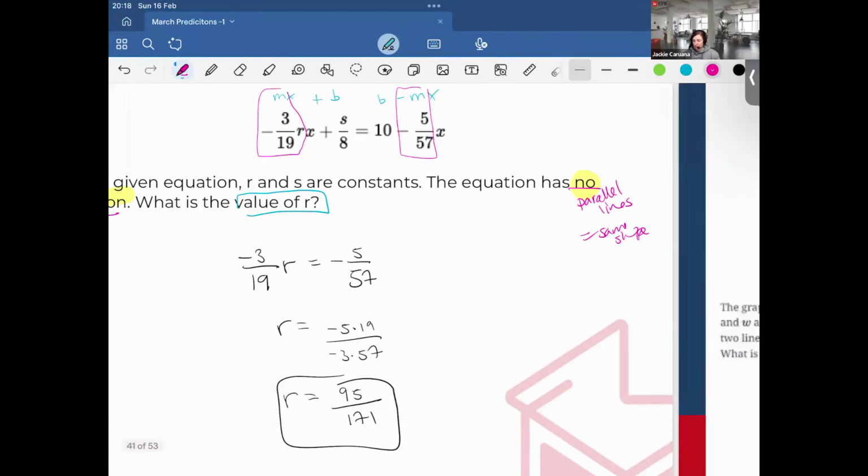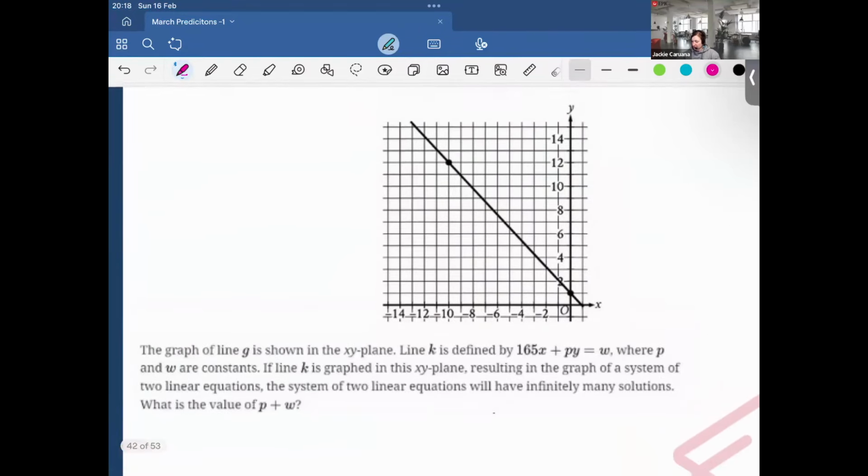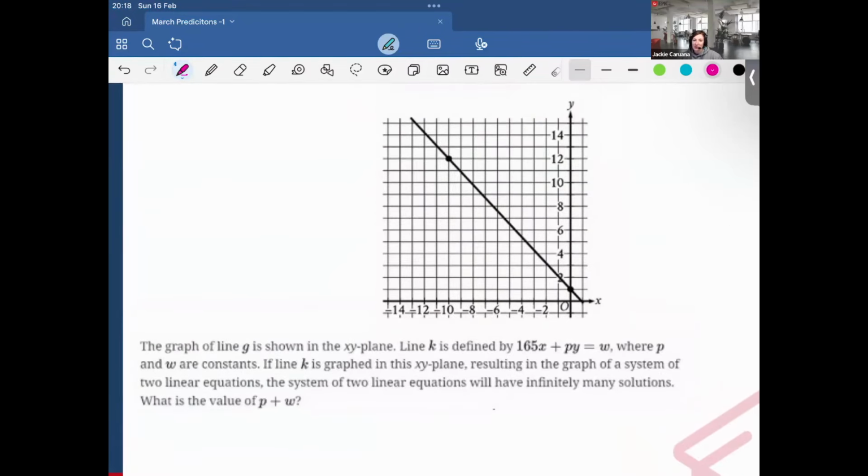And okay, so let's look at this one. Oh, a graph. The graph of line g is shown in the xy-plane. Line k is defined by 165x plus py equals w, where p and w are constants. If line k is graphed in this xy-plane, resulting in the graph of a system of two linear equations, the system of equations will have infinitely many solutions.